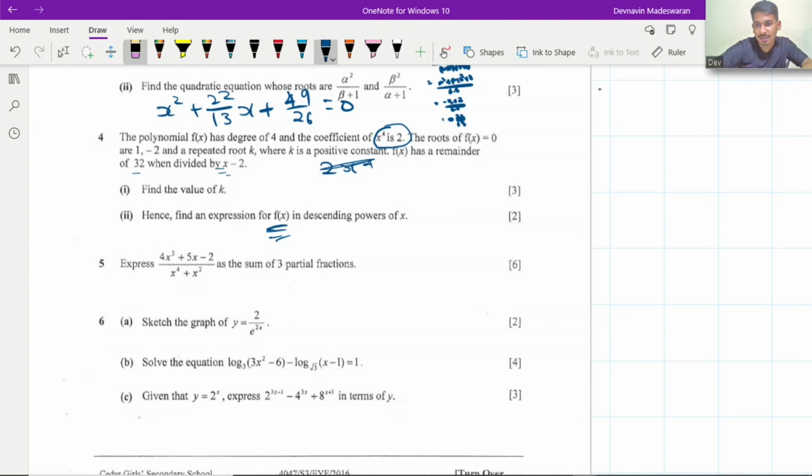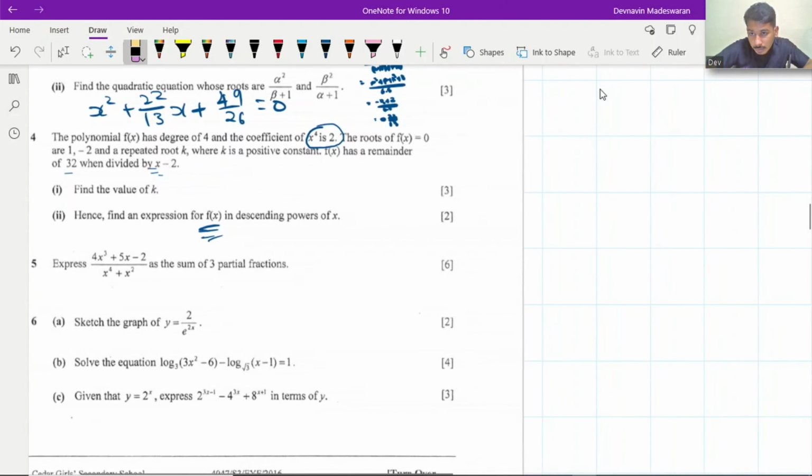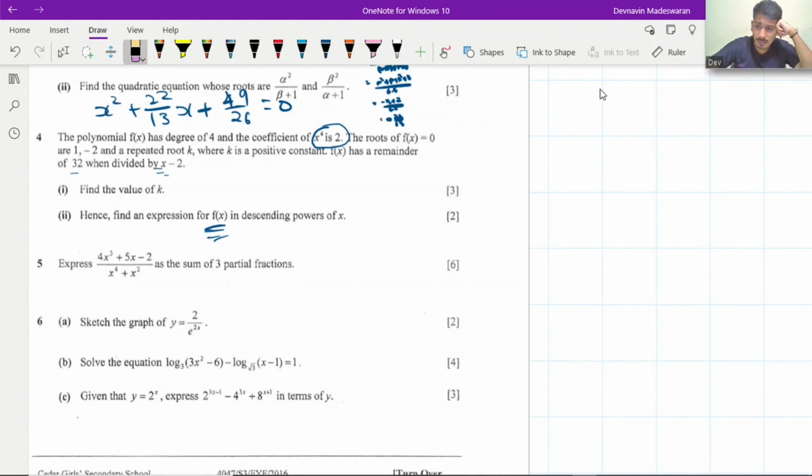We're not supposed to find f(x). If you have k, it will be easy to find, so I'm doing it in reverse. That's bad. Let's try something else. The remainder of 32 when divided by x minus 2. Find the value of k.